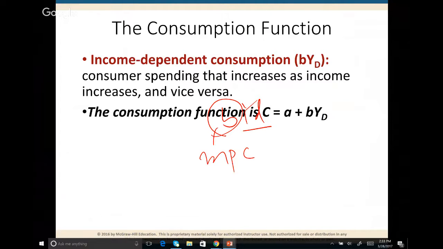So our consumption function equals autonomous consumption plus the MPC times your disposable income. And that's our consumption function.